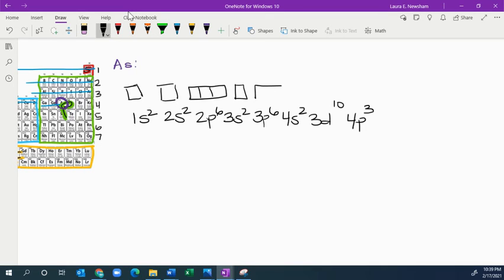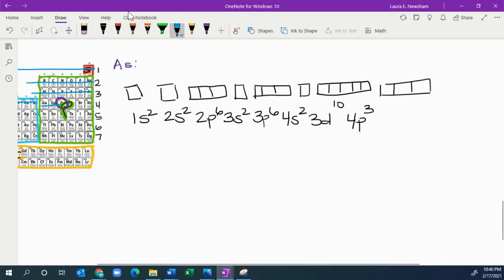P, S, D, and then P. So I have 2 electrons, 2 electrons, 6, so everyone gets 1.